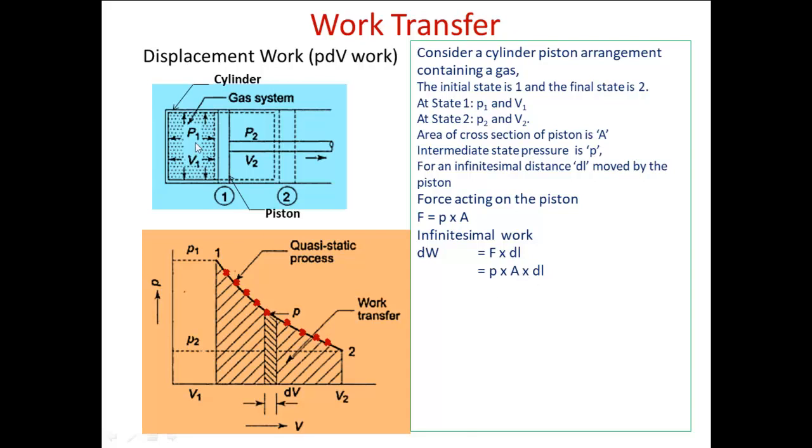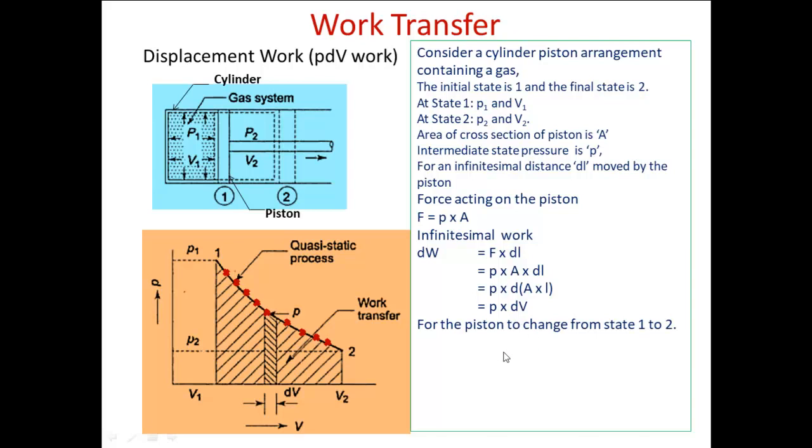We have a uniform area of cross section, so the area is constant and can be taken inside the derivative. Then it becomes A into L, the area of cross section into the stroke length, which gives you the volume. So this is P into d of V. The infinitesimal work done between the two intermediate states is given as dW equal to P dV.